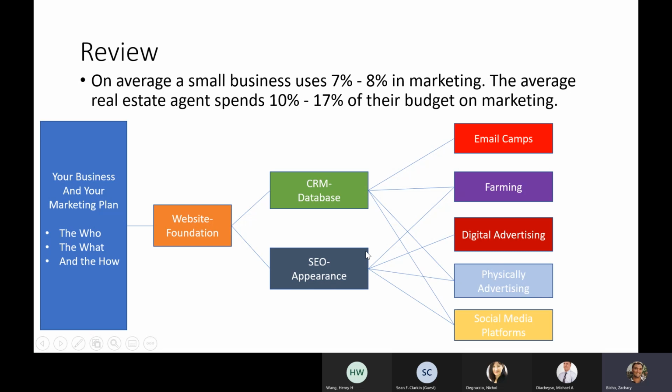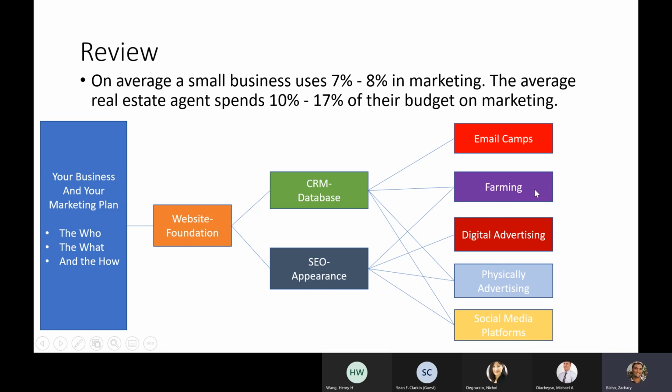So from there, we can go into those different strategies that we were talking about. We can set up email campaigns. We could start farming, start advertising online, whatever we want to do, whatever you're interested in. But we need to have these things set up first because if we start running a digital advertisement on, let's say, Google, and they click on the advertisement and are brought to our website, but our website doesn't really have a whole lot, that's a problem.